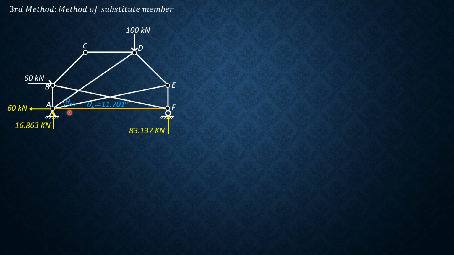It's easy to determine the force of a horizontal or vertical member. So again, there's no restriction about substituting the member, but it is advantageous if you replace that member in such a way that the joint where that member is attached to will have no load.